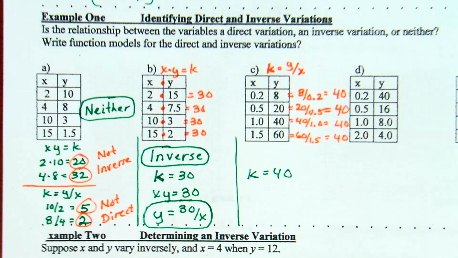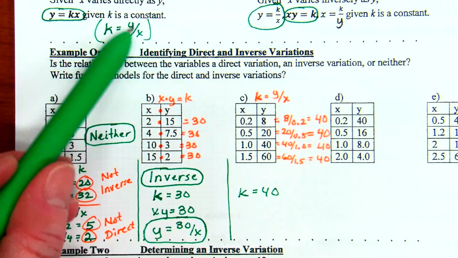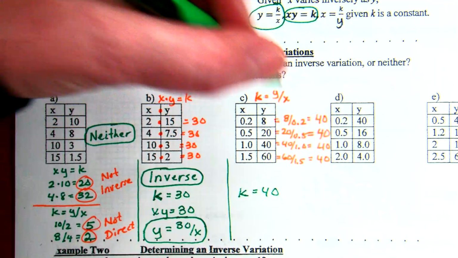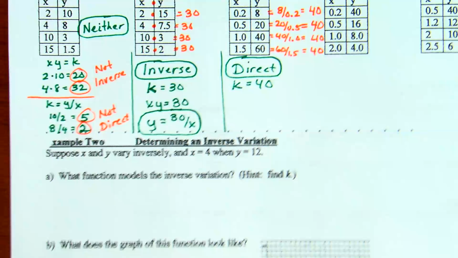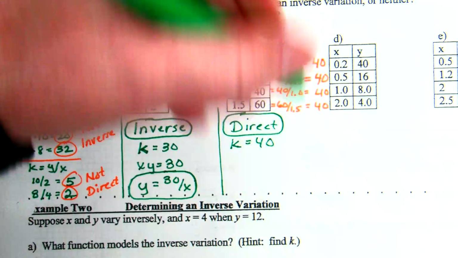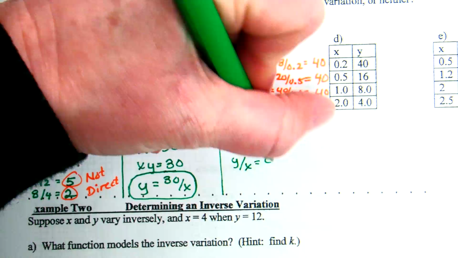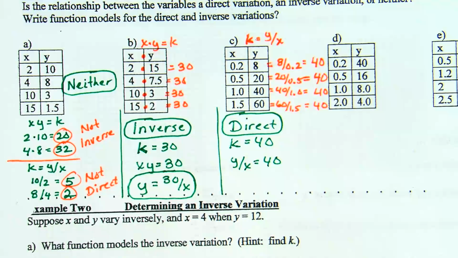Is that k of 40 representing inverse or direct variation? Direct variation? Look at the equations up above. If y divided by x is always the same, that falls into the direct category. We found 40 by doing what? By doing y divided by x.